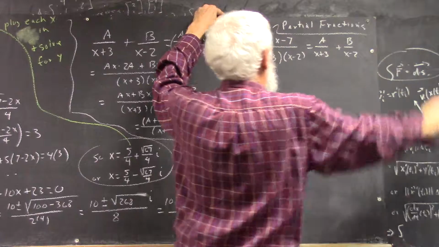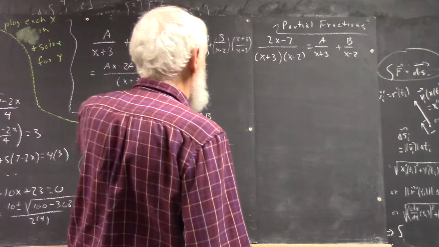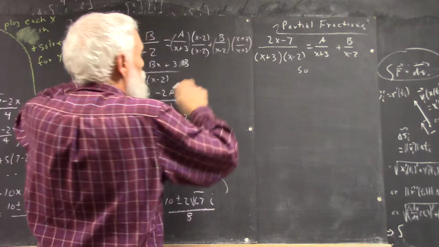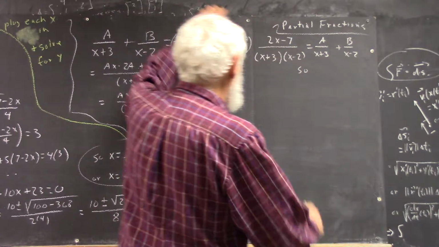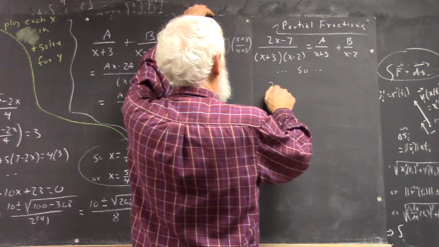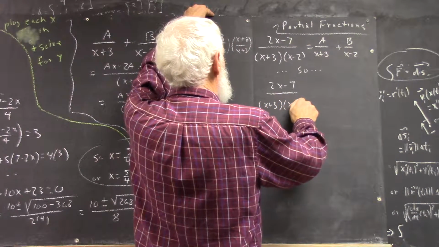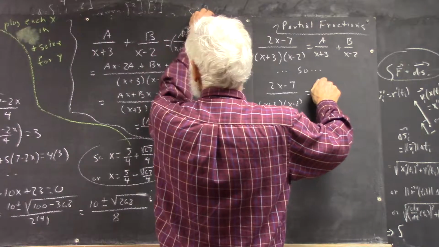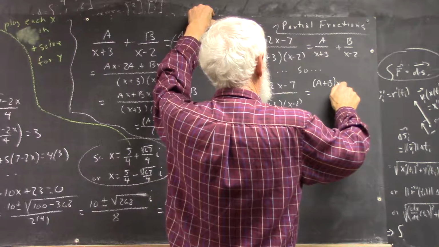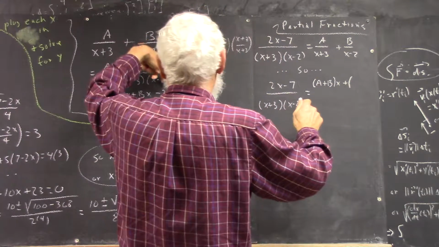Now I'm going to ask you to do one of these, or actually maybe a couple for homework. So, because of what we did over here, we could go through the whole process. So 2x minus 7 over x plus 3 times x minus 2 equals a plus b times x plus, I'll put parentheses around it.